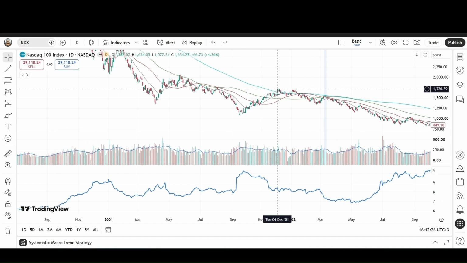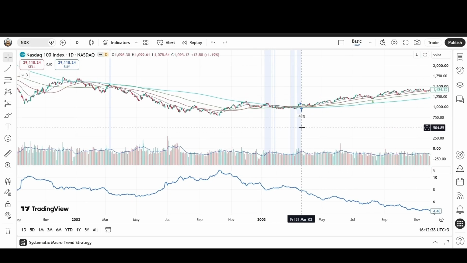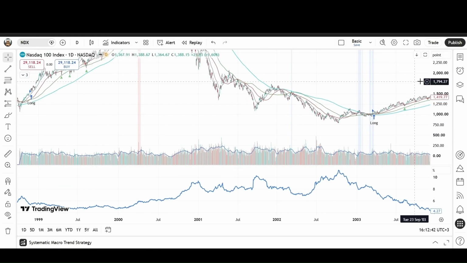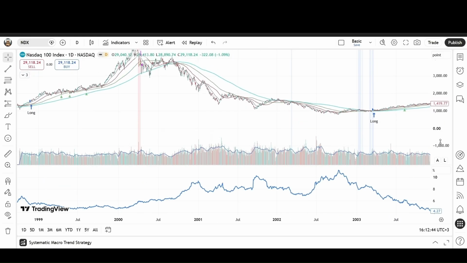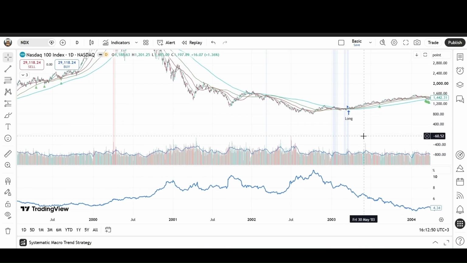Even here, even though we go above the 200 moving average, the credit spreads are still very high, so no reason to enter until finally over here we get a long signal. So quite a big drop, and the strategy avoided all of that.